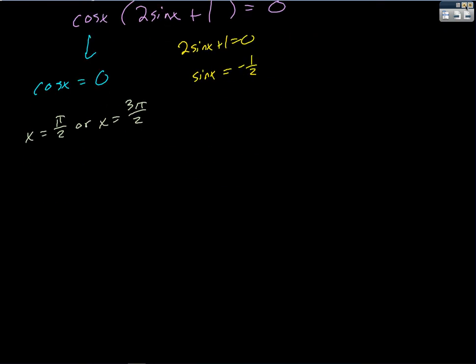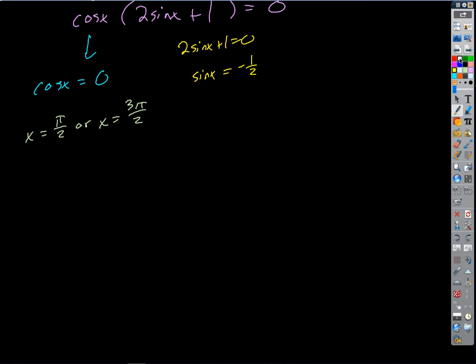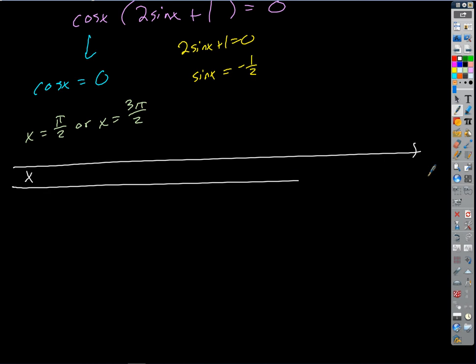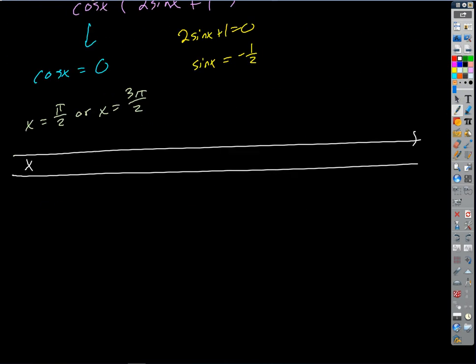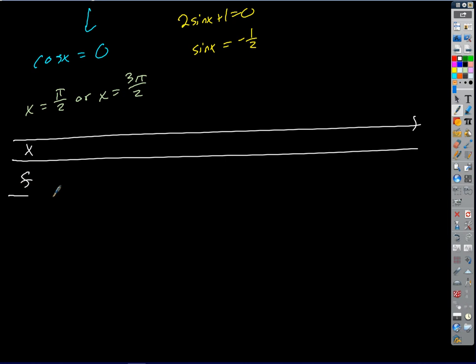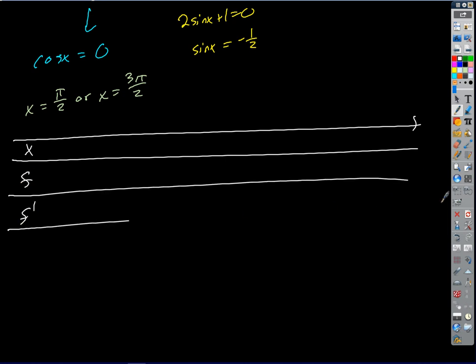Let's make a table. I'll call this f of x. Okay, so we've got f, f prime. And our domain was from 0 to 2 pi.